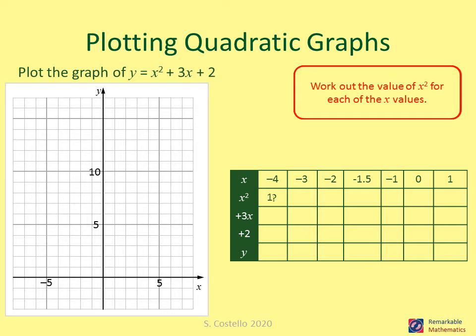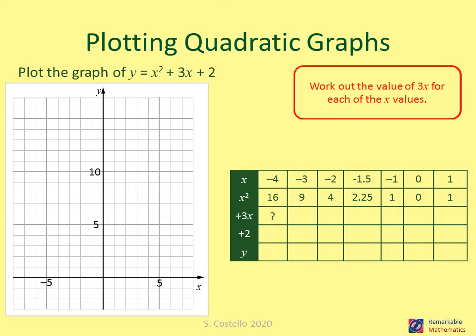So -4 squared is 16, -3 squared is 9, -2 squared is 4, -1.5 squared is 2.25, -1 squared is 1, 0 squared is 0, and 1 squared is 1.